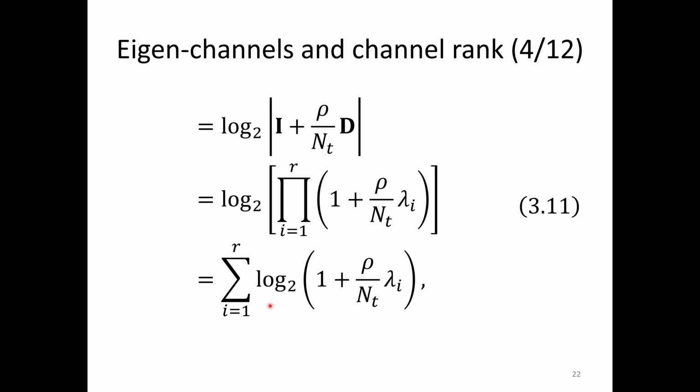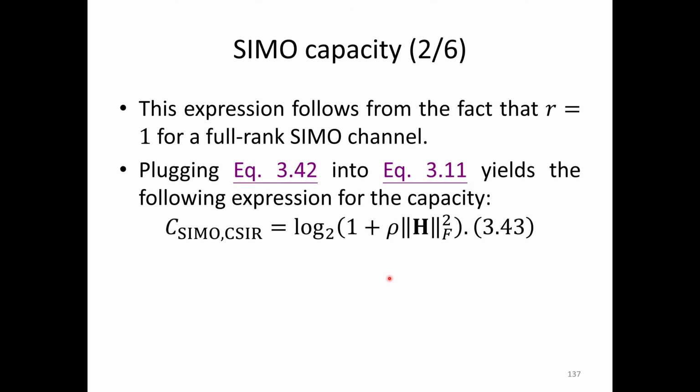So there is only one term in this summation, and we do not need i because we only have one eigenvalue lambda. And lambda is equal to the square of the Frobenius norm of H. So finally, this yields the following expression for the capacity.